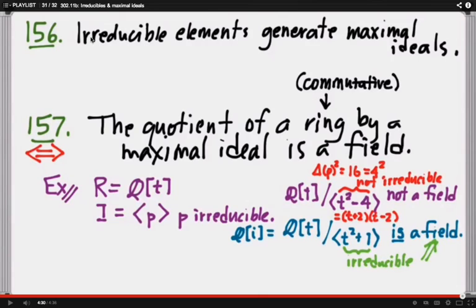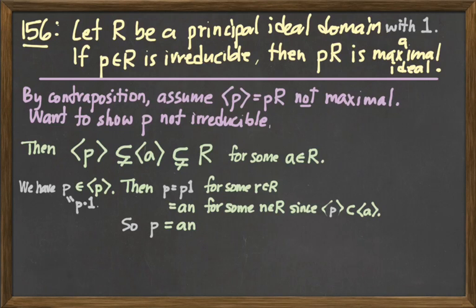But now the problem is we don't know whether A and N are units. Oh, that's right, because if A is a unit, then it generates the whole ideal, the whole ring. So exercise 39, theorem number 39, says that units, when they generate an ideal, must generate the entire ring. Okay.